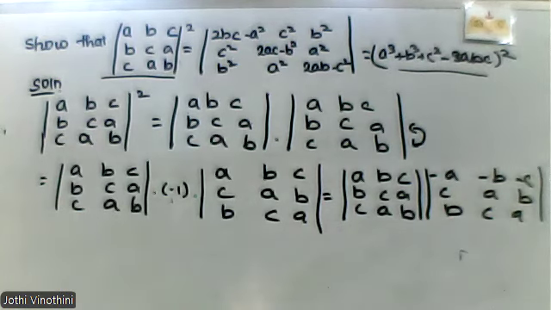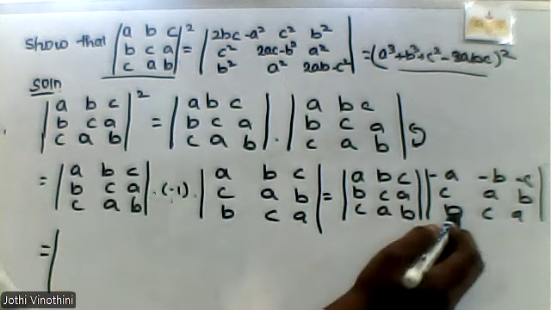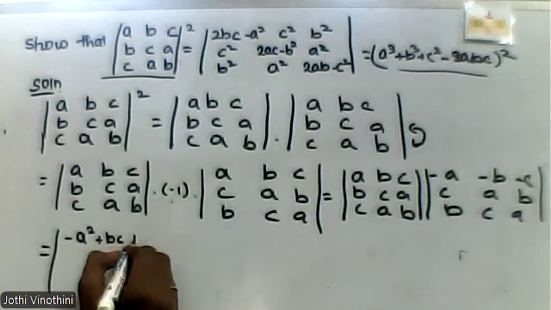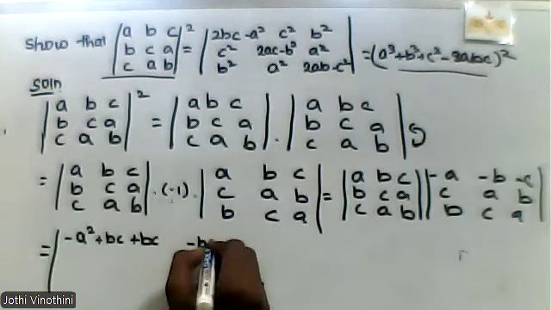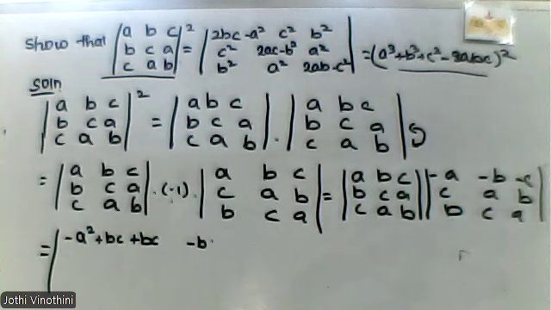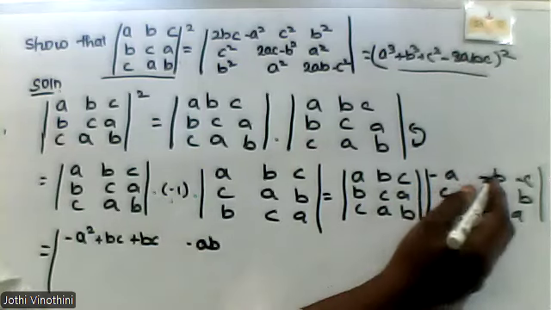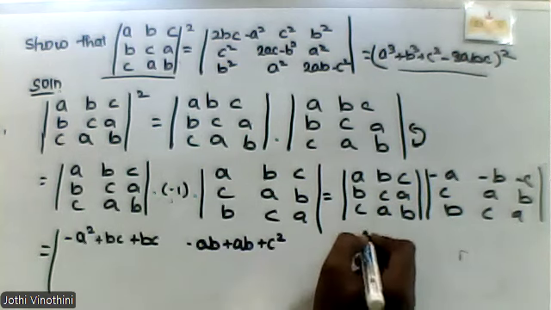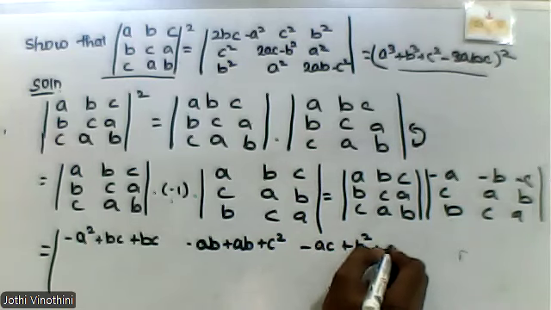Now I am going to do a simple matrix multiplication. Row 1 will be multiplied by column 1. What we will get: minus A squared plus BC plus BC. Then minus AB minus AB plus AB plus C squared. In the last term, minus AC plus B squared plus AC.